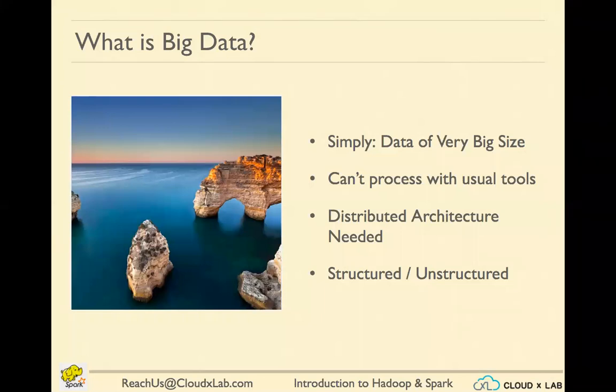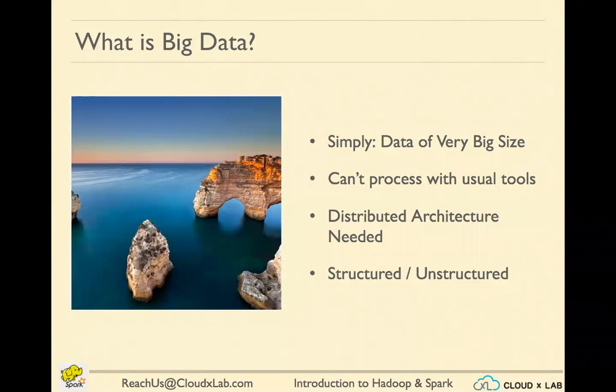Even such a simple problem becomes almost impossible to solve with traditional systems, like a normal file system on your own computer. Even if you are using a really high-end computer, it becomes impossible for a single computer to solve such a problem when the data becomes really huge.